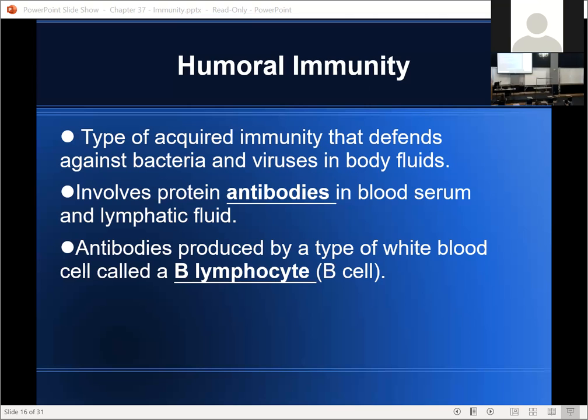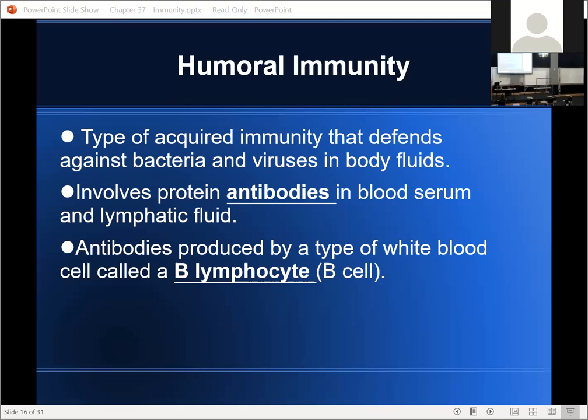So humoral immunity is one type of acquired immunity. So this is a type of acquired immunity that defends against bacteria and viruses in body fluids. Okay, that's where the word humoral comes from. The word humor, I know today it's more like making jokes or something lighthearted.